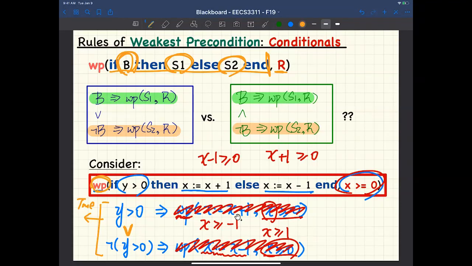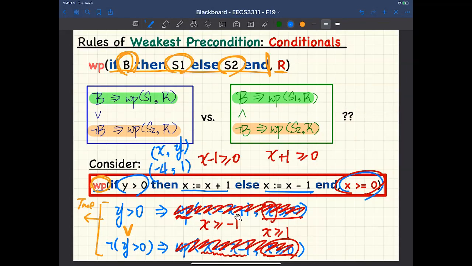Y equals 1, sure. So now we want to find some witness over here, right? Let's say we want to give X and Y as a counterexample. You're saying Y would be 1. What about X? What about I give you minus 4?